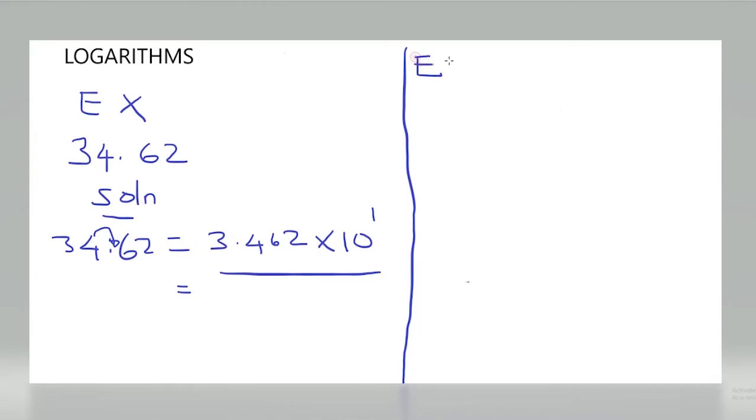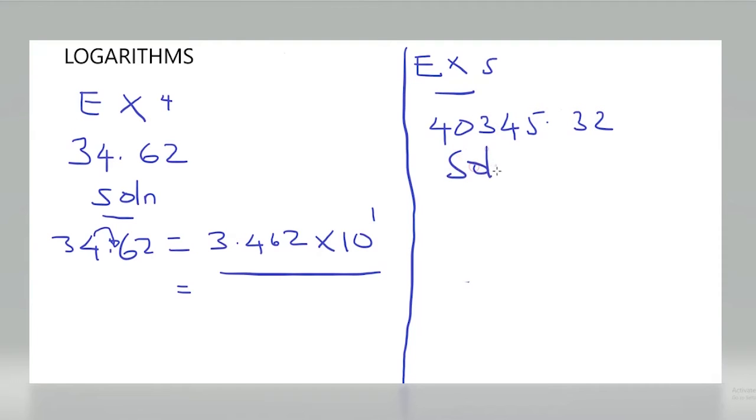Now another example, this is example number 5. Now assume you have this one, 40345.32. Now write this one in standard notation.